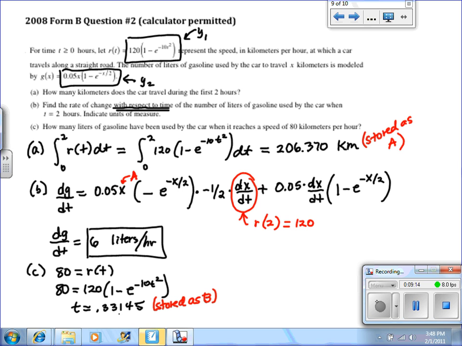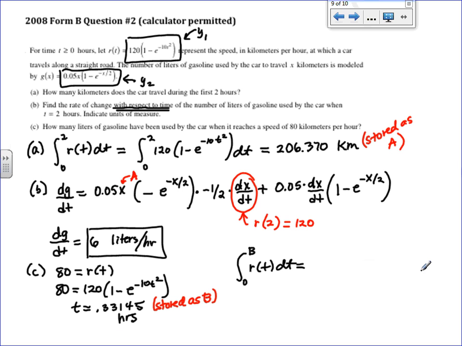All right, that's in hours, it's time. We need to find how far it's gone in that amount of time before we can figure out how many liters of gas it's used. So in that amount of time, you do 0 to B, and I'll just write B since I've stored it as B, of the rate, RT/dt. Let's do how far it traveled in that amount of time.